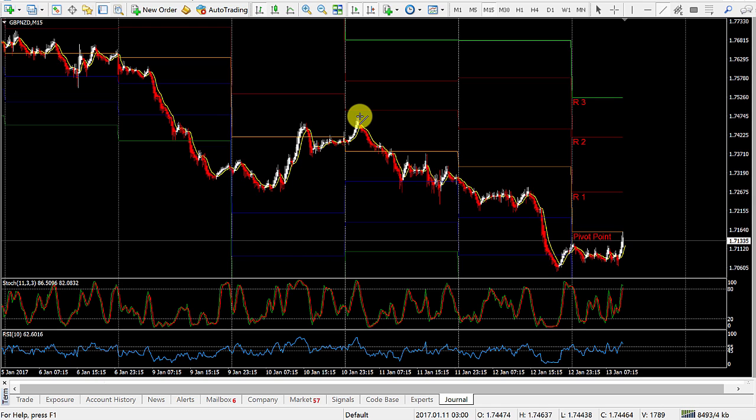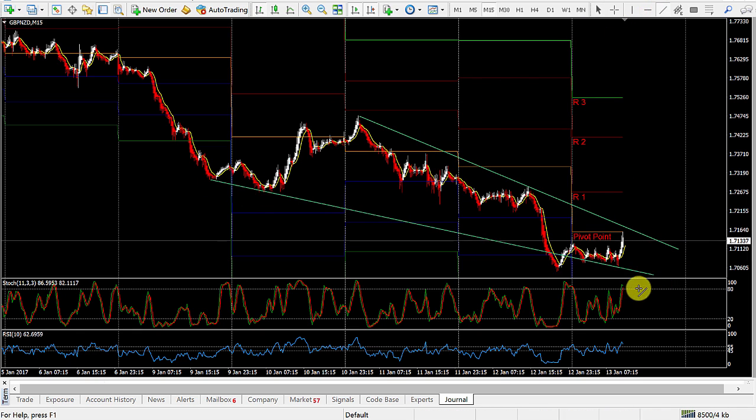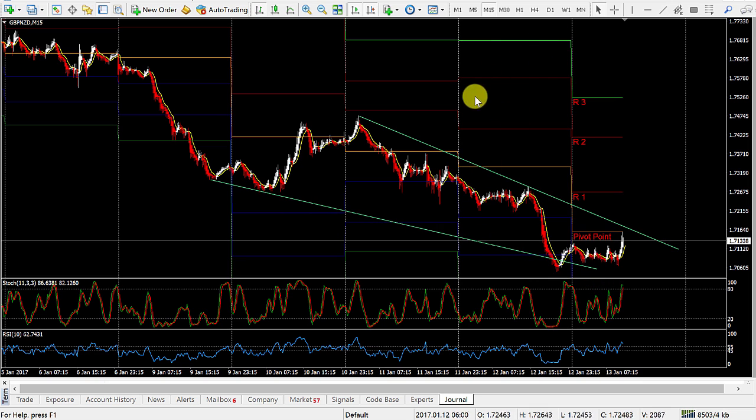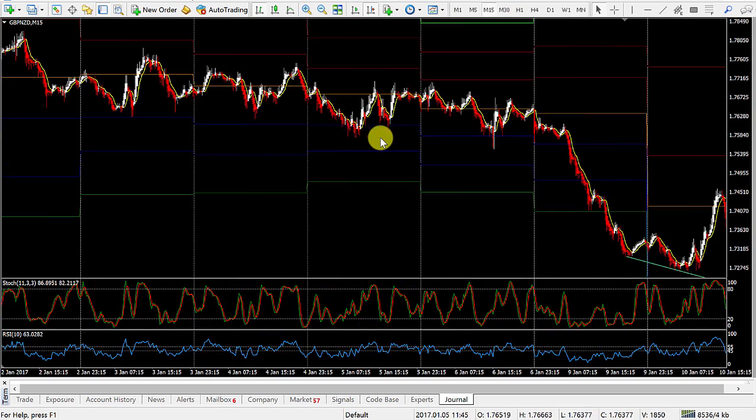So to summarize, we have channels, expanding channels, we have condensing channels like this one, we have expanding channels like this one, we have symmetrical channels, and we have vertical channels. Let's see if we can find one. This one here, kind of not perfect, but you get the idea.